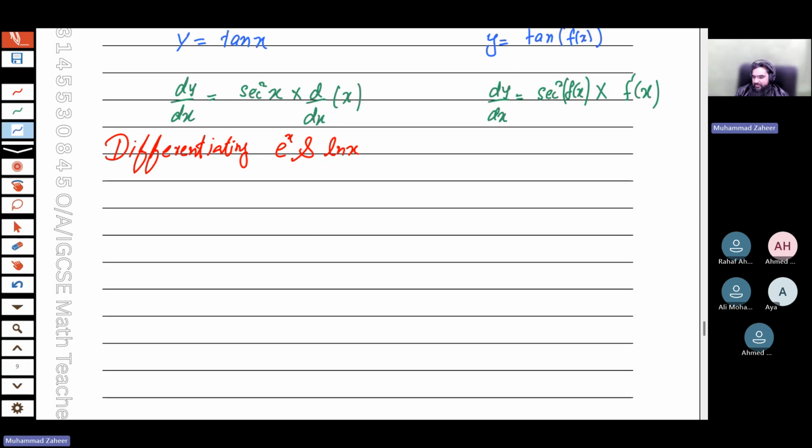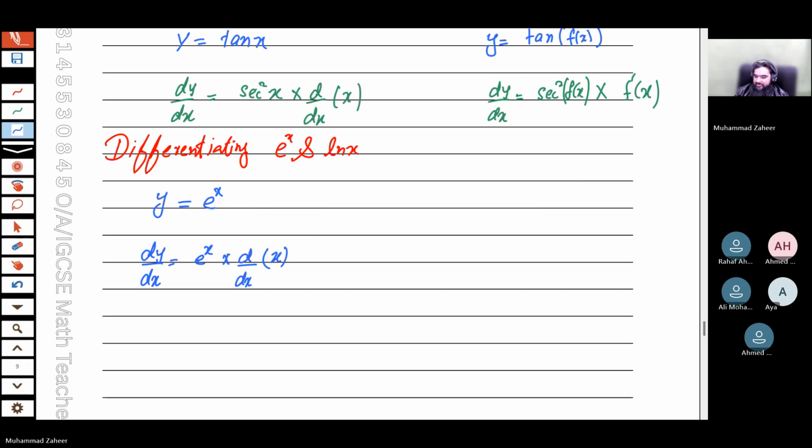For example, if you have y equal to e power x, the derivative is exactly the same. The exponential derivative is exactly e power x. There is no difference, but multiply by the derivative of the power that you have.